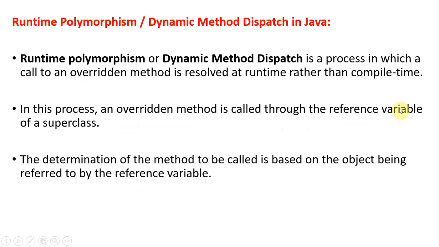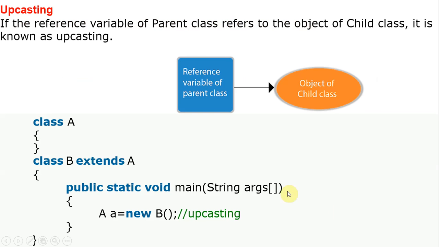What is a reference variable? We already know it from creating an object. How do we create an object in general? Name of the class, name of the object equals new name of the class. Without using the new keyword, a is simply called a reference variable. Until you specify the new keyword, it is called a reference variable only.